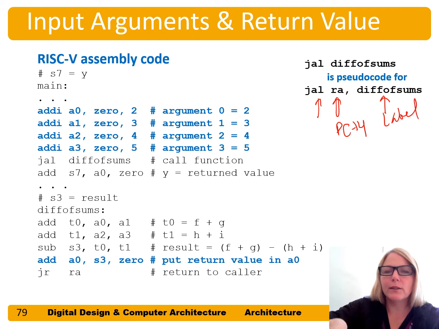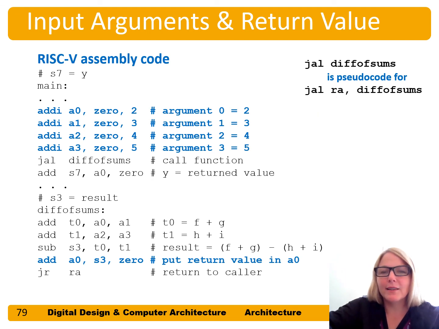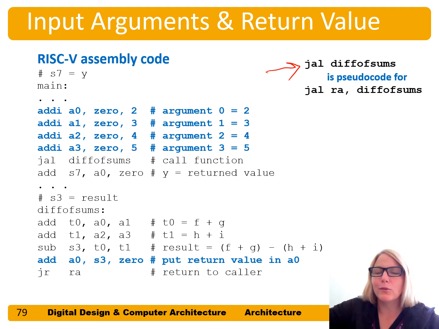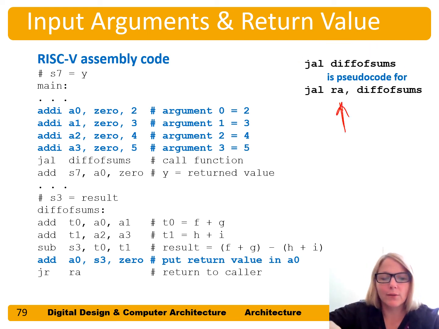This is a real RISC-V instruction, and this is usually how we use jump and link. So RISC-V decided to make a pseudocode instruction for that, so that we don't have to have the extra baggage of, well, it's usually RA. We could actually put any register there, jump and link, put PC+4 in S0, but we rarely do that.